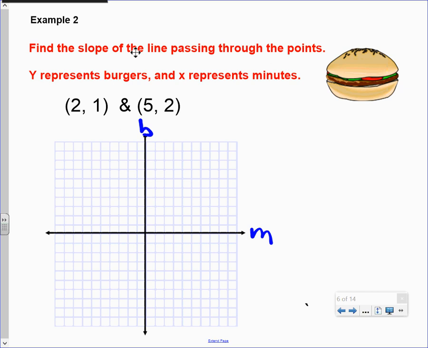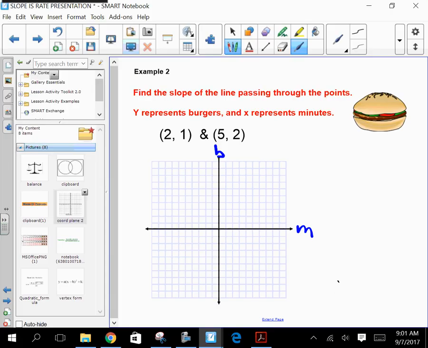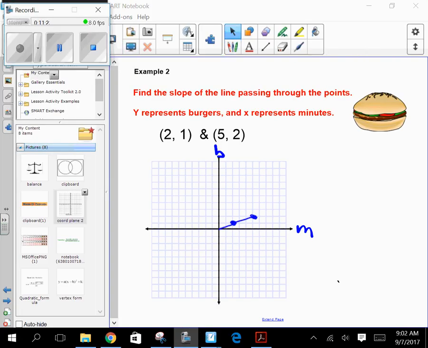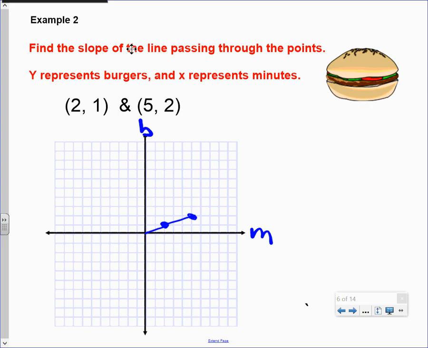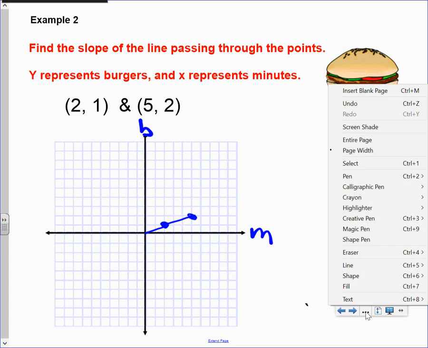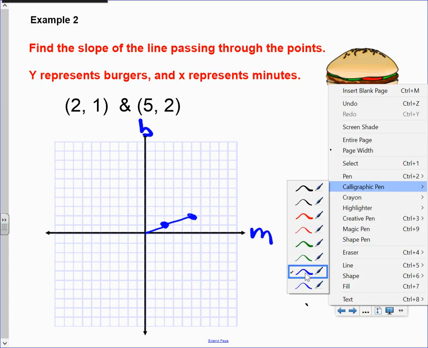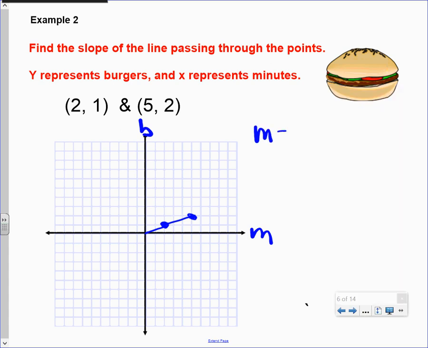Go ahead and write this down. So instead of slope being delta y over delta x, we're not dealing with x and y.